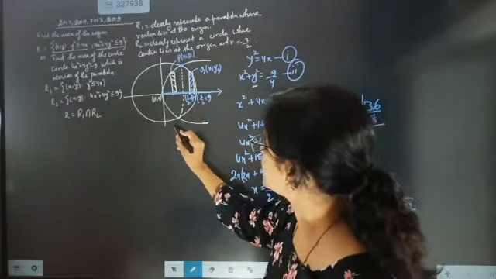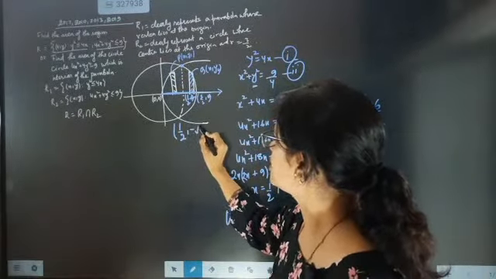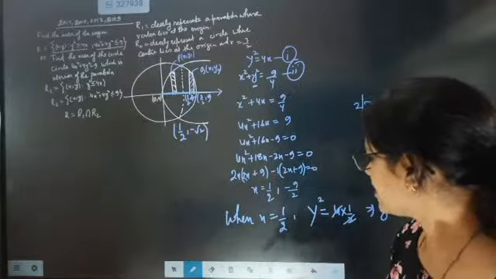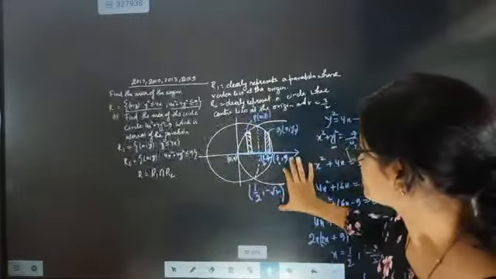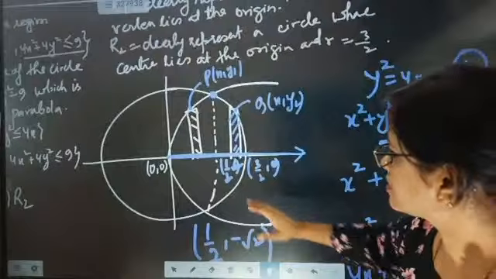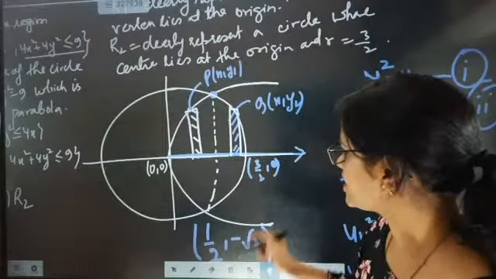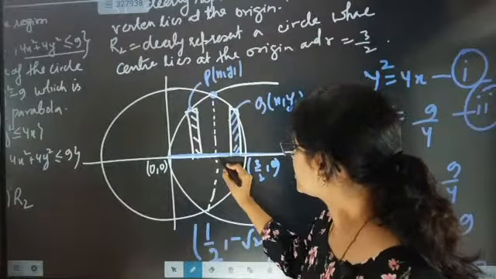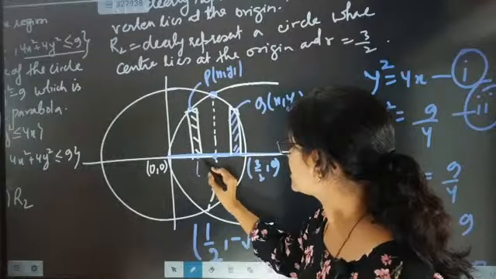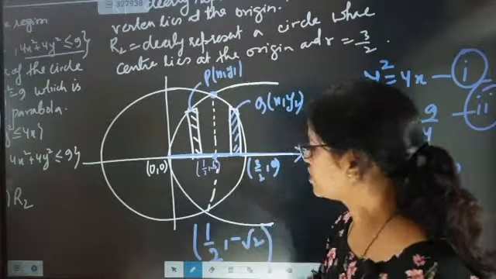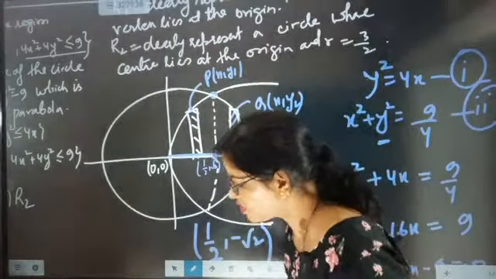So for this contact point, it is exactly going to come as x equal to 1 by 2 and y equal to root 2. So we got this point.